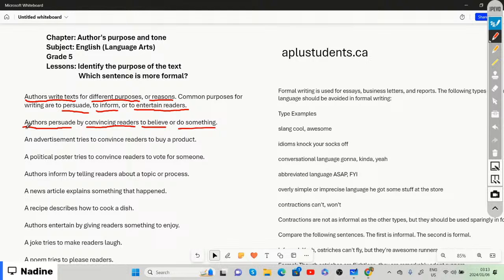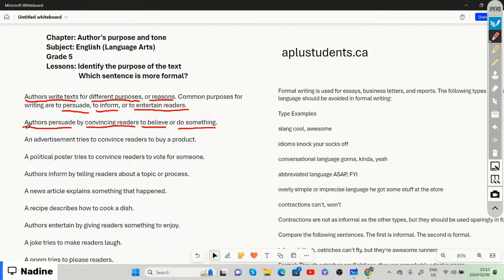And then when it comes to a political poster, they try to convince readers to vote for someone. So with these political posters, usually when it's time for people to vote, they'll try and come up with catchy phrases in order to convince the readers to vote for someone.